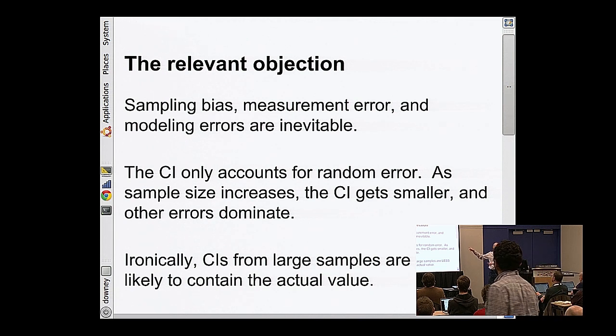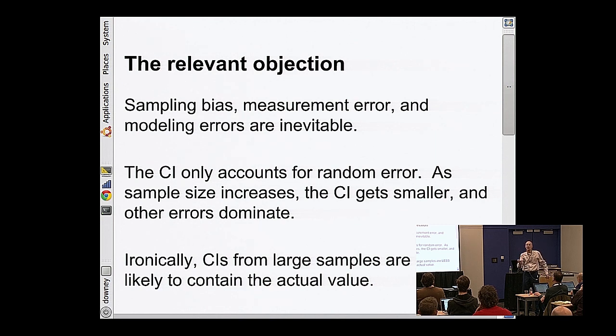This is the part that actually matters, and this gets back to where I started. Remember that there were 3 sources of error: sampling bias, measurement error, and random error because of sampling. Okay? We quantified one of them, and what we found is that random error is now the least of your worries. You sampled such a huge sample size that variability due to sampling is extremely small.